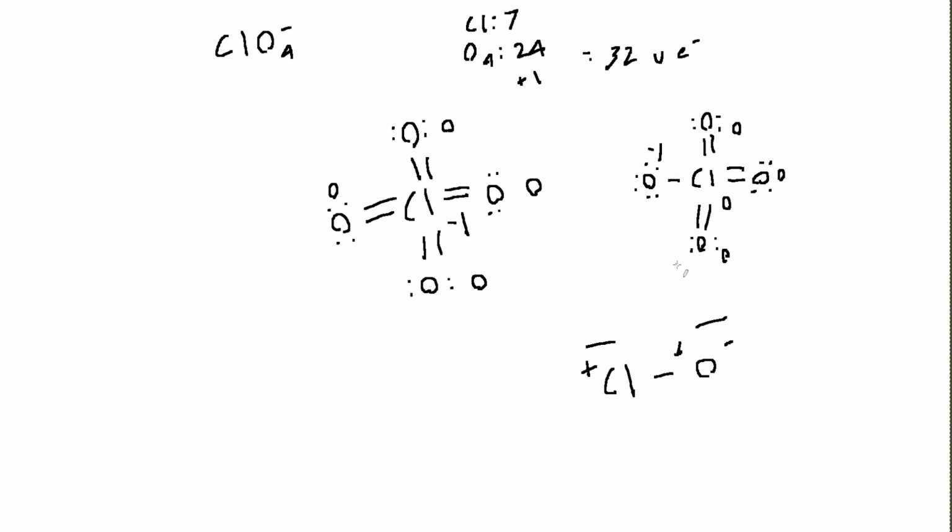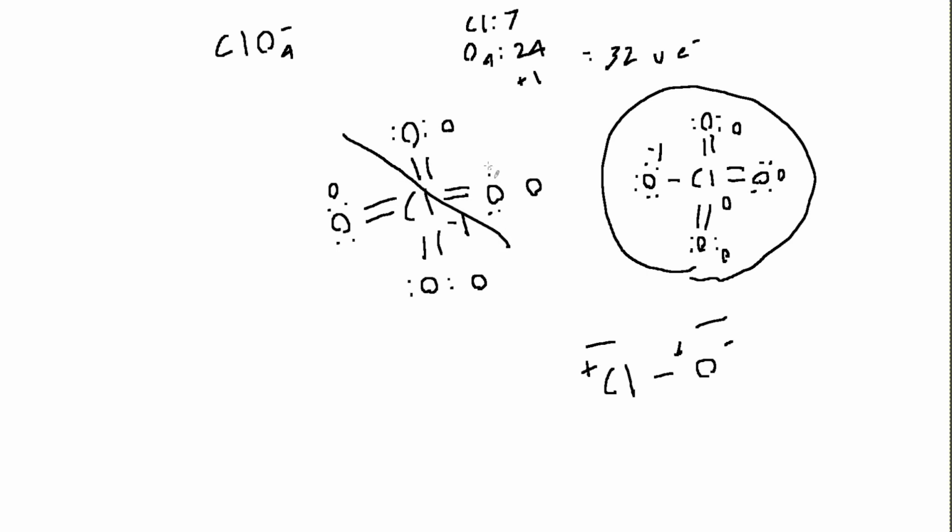So which of these is closer to that dipole where the oxygen is negative and the chlorine is positive? Well, it has to be this one, because in this one the oxygen is negative, whereas in this one the chlorine is negative, which is counter to what we expect to see. We expect to see the chlorine be partially positive. And so this one with the 4 double bonds isn't the appropriate structure, and this one with 3 double bonds has to be the appropriate structure.